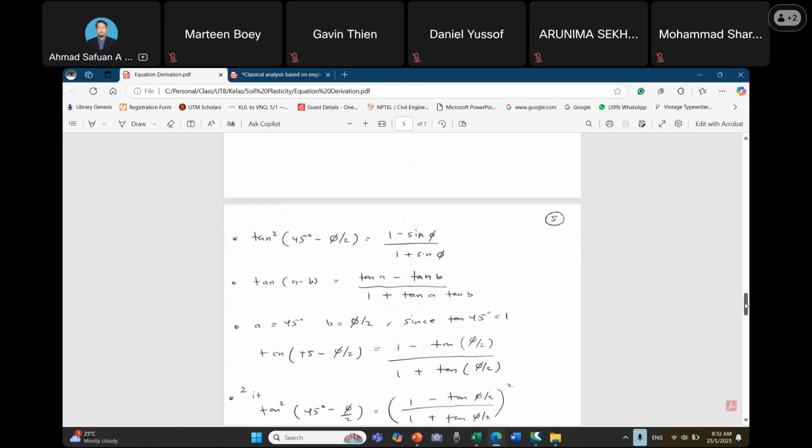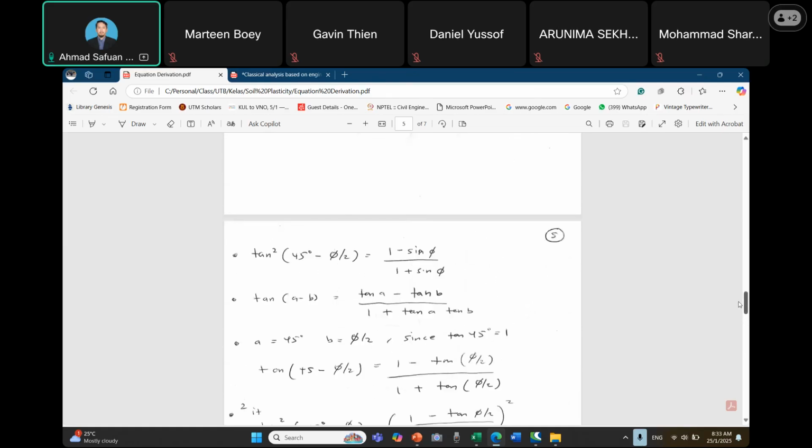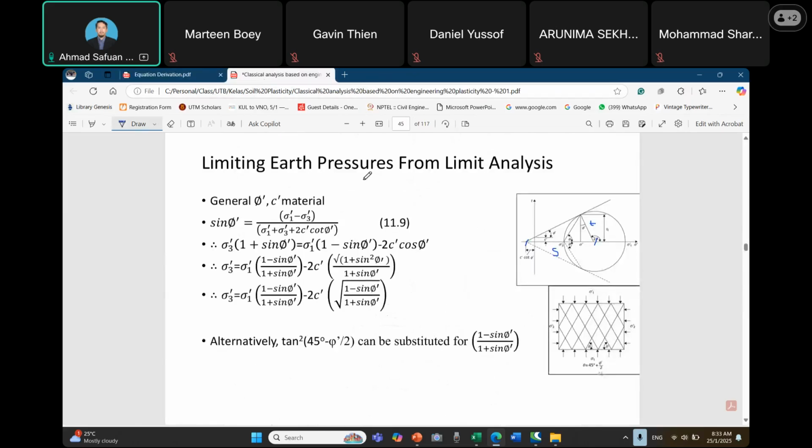So now we look at the next derivation, on how to prove that tangent squared of (45 minus phi over 2) equals (1 minus sine phi) over (1 plus sine phi). Before we move to this part of the derivation, we look at this diagram.